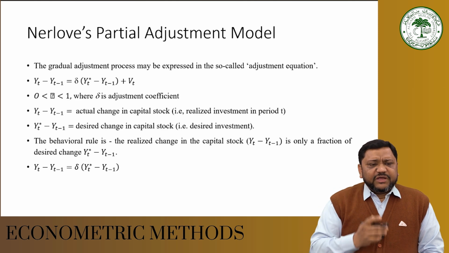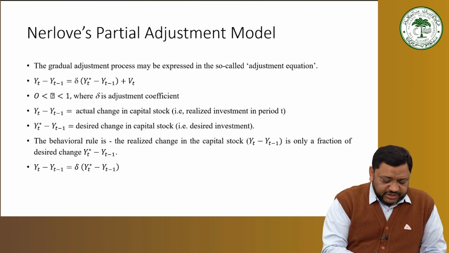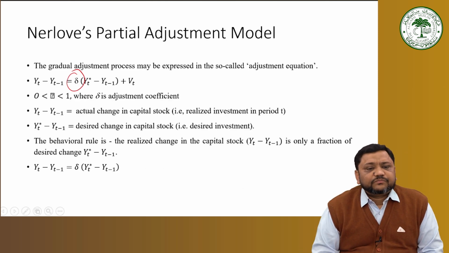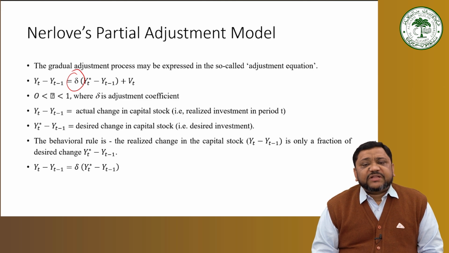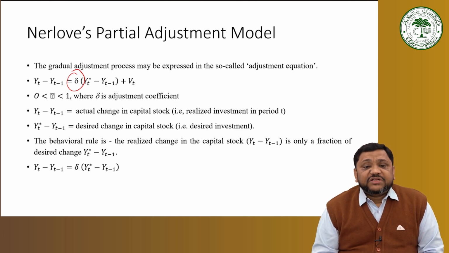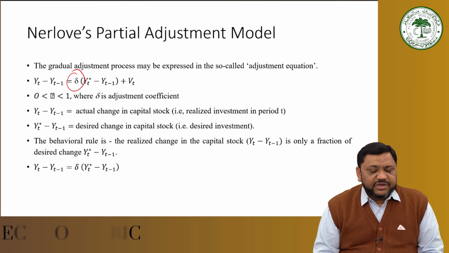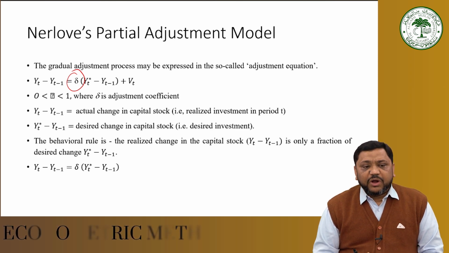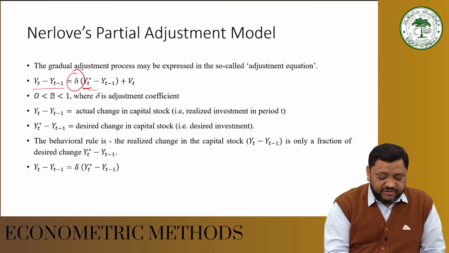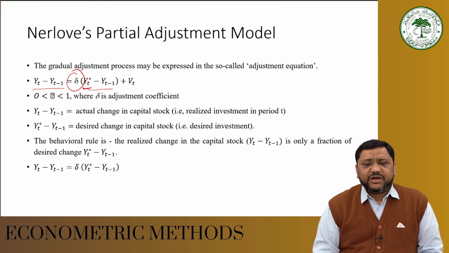So we postulate a gradual change: the actual change in capital stock in any given period t is some fraction gamma of the desired change of that period. That is, Yt minus Yt minus 1 equals gamma times Yt asterisk minus Yt minus 1, plus the error term Vt.